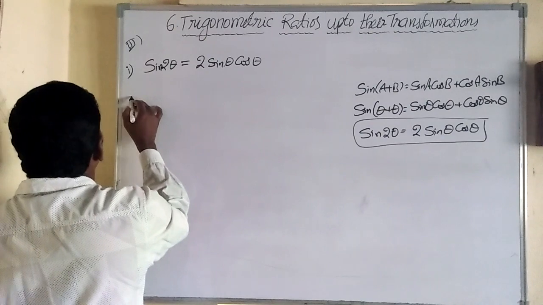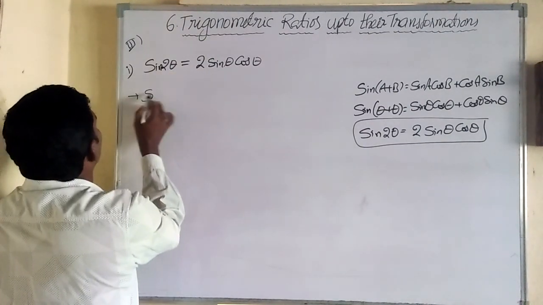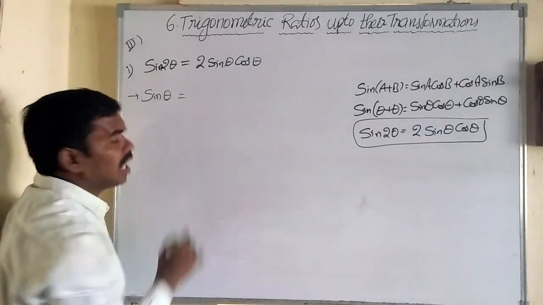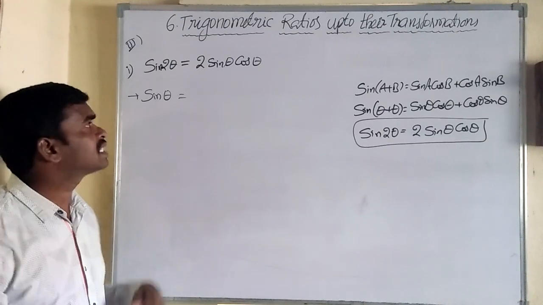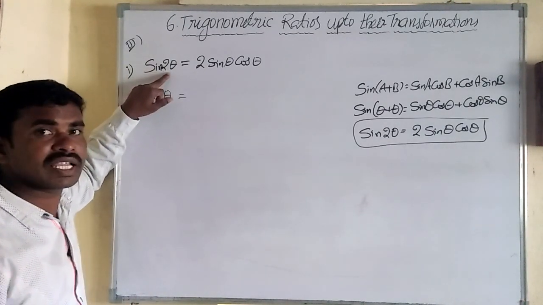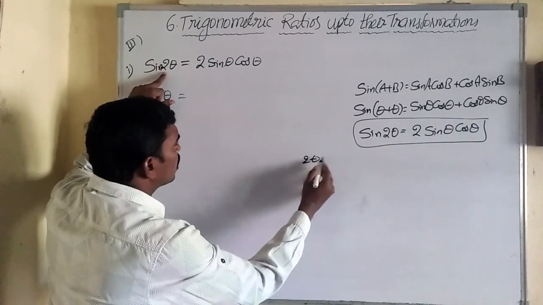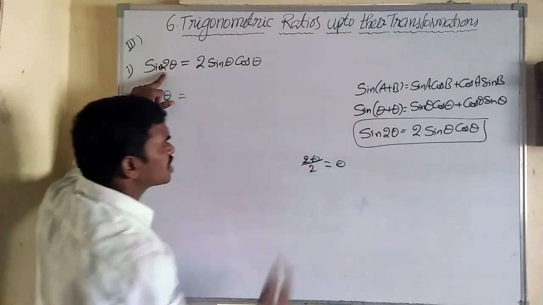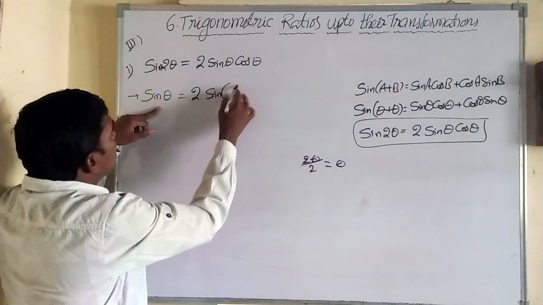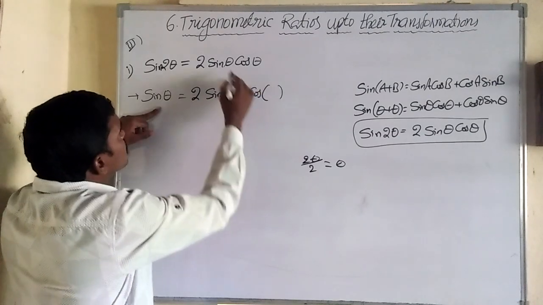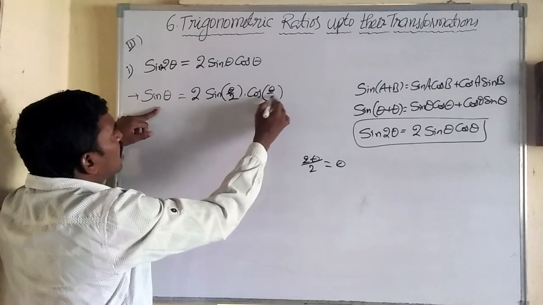Next, half angle formulas. Using this formula we can write one more formula. Sin theta, with the half angle, means taking only half of the angle. In 2 theta, half means 2 theta by 2 becomes theta. So half of theta means theta by 2.